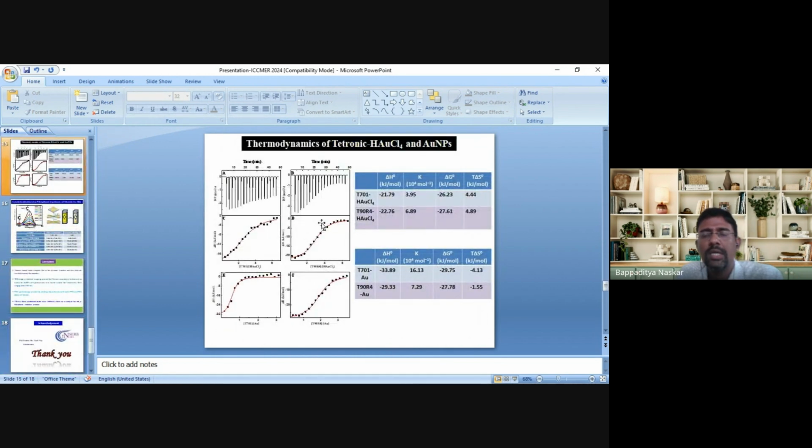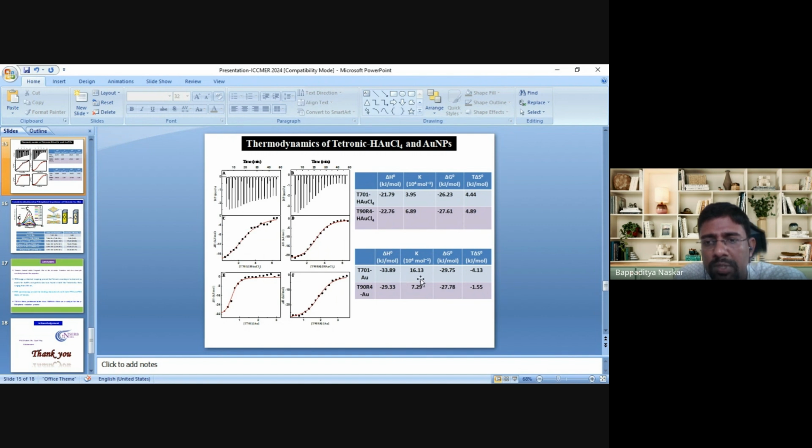What is the interaction strength between the tectonic and the uric acid, and between the tectonic and the nanoparticle? In the case of tectonic with uric acid, the association constant is higher for T90R4 compared to T701.